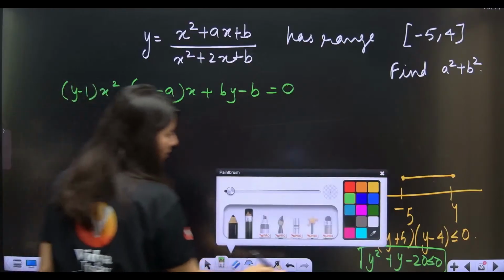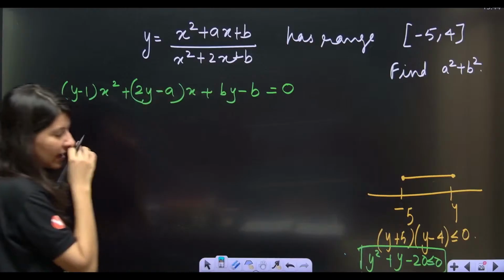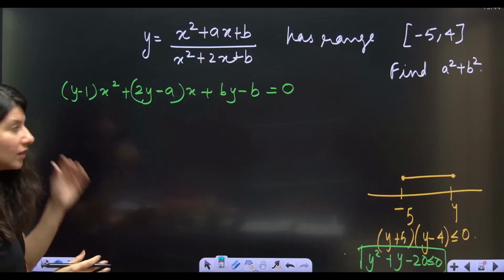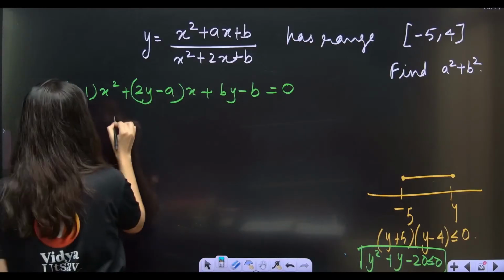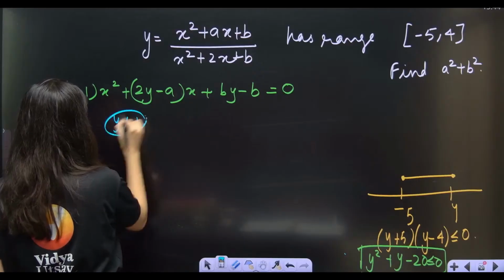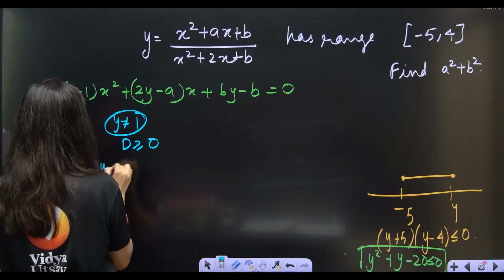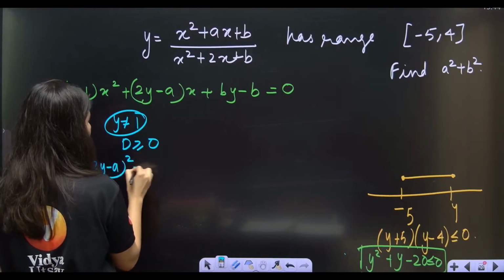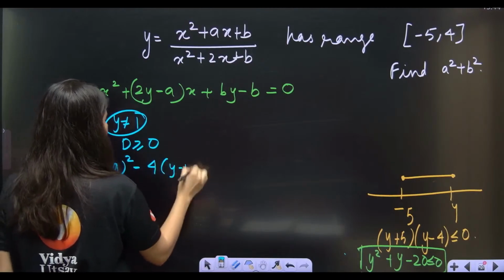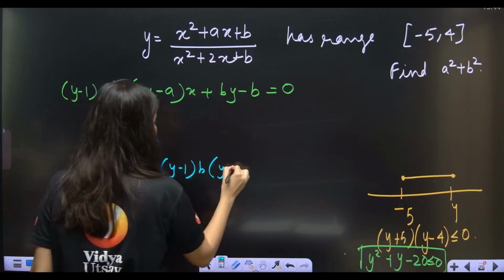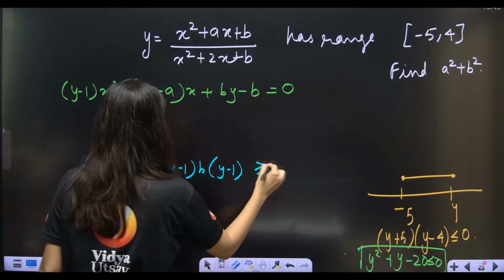Again, y equals 1. See, it's already there. We don't have to do it. y equals 1. But y not equal to 1, that means discriminant greater than or equal to 0, 2y minus a whole square. So this is b square minus 4, and this is y minus 1, by minus b, greater than or equal to 0.